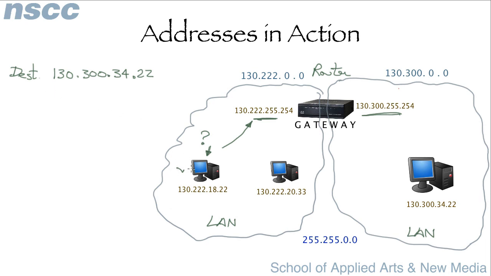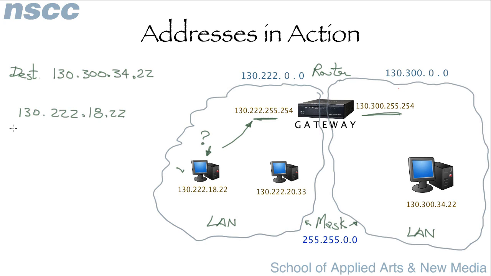First, this machine has to find out what network it is on. It does that by looking at its IP address, 130.222.18.22. It's now going to use the network mask, and our network mask for both LANs in this example is the same. So here's our network mask.